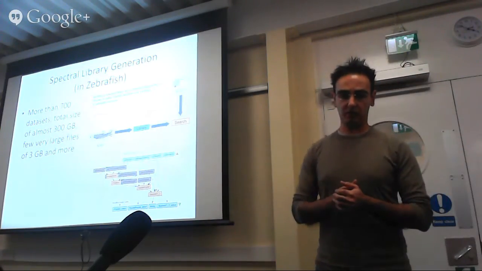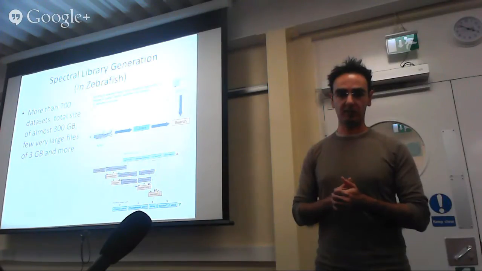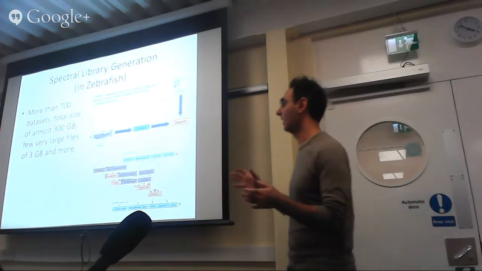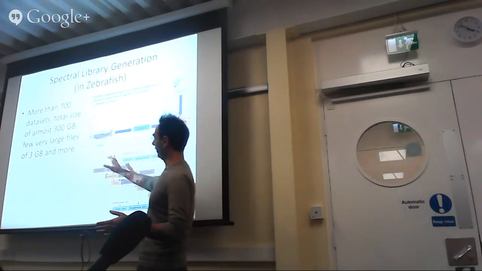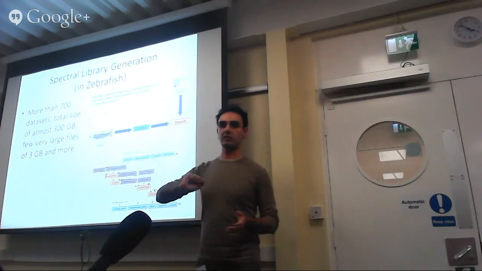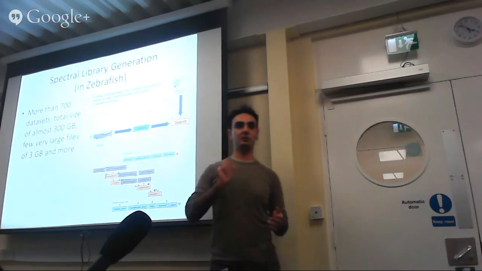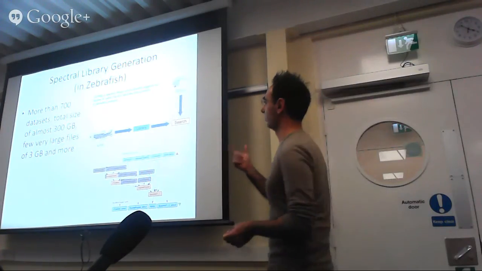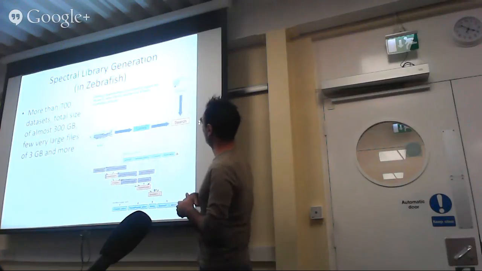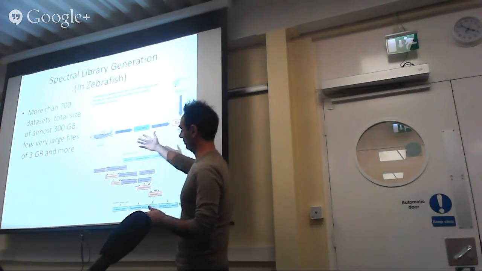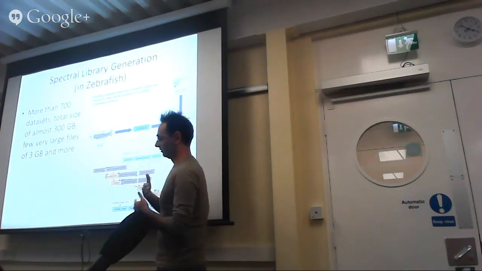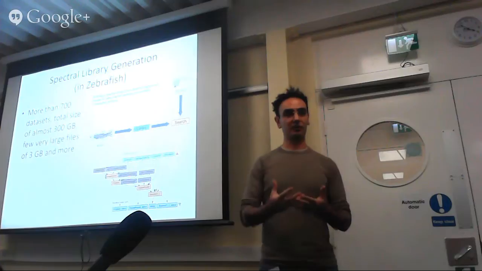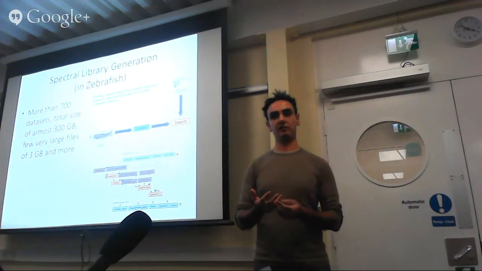Another workflow that we work on is building a spectral library. The idea was we want to identify proteins in embryonic data. When you get samples from embryonic stages, not so advanced stages, from zebrafish, you don't have a lot of proteins, you don't have a lot of differentiation there in the proteins.